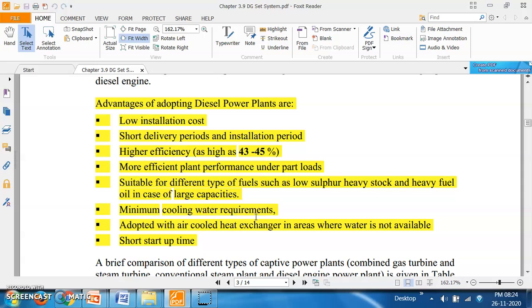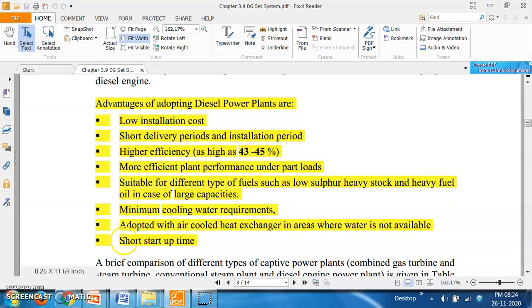Suppose for a thermal power plant, you need a separate water processing unit to provide the cooling system. In this case, there is no need for that much cooling water, only minimum cooling water is required. If it is a small machine, a small DG set, it can be adapted with air-cooled heat exchangers.